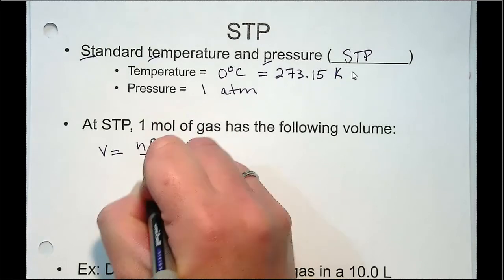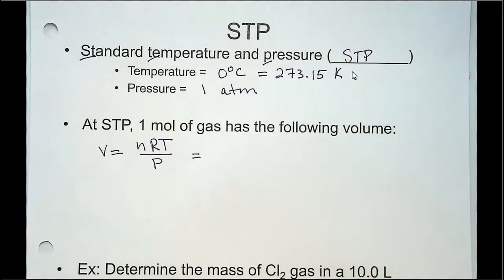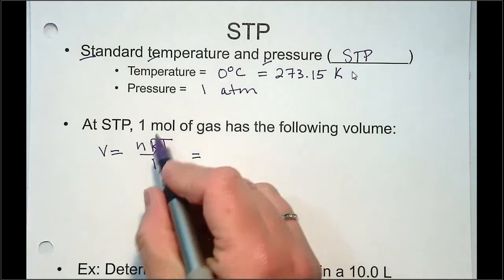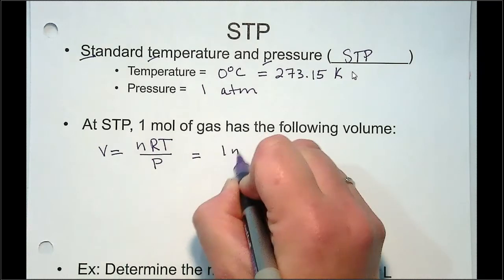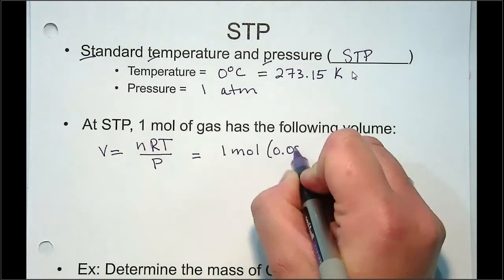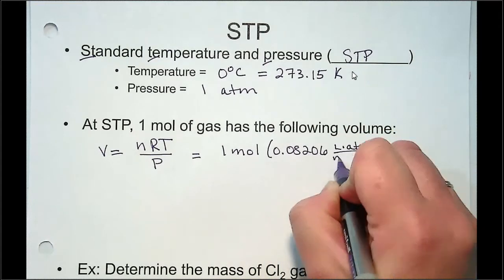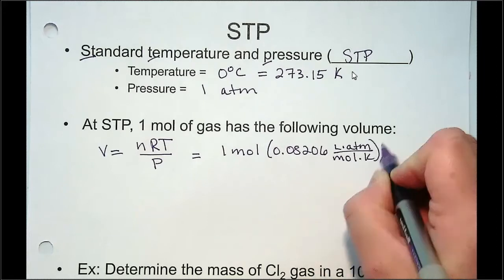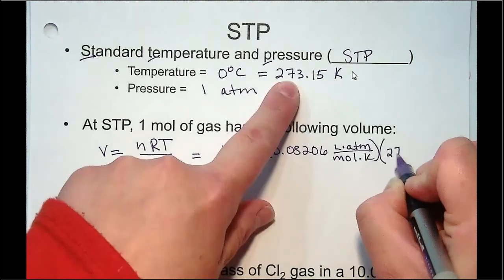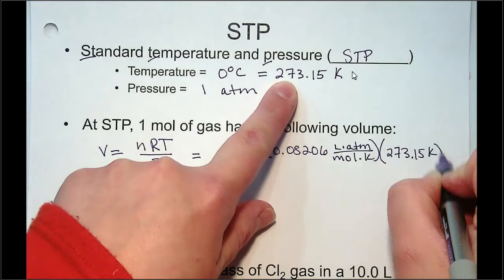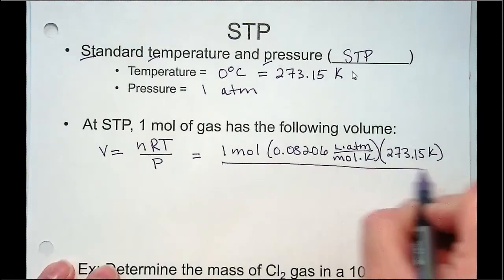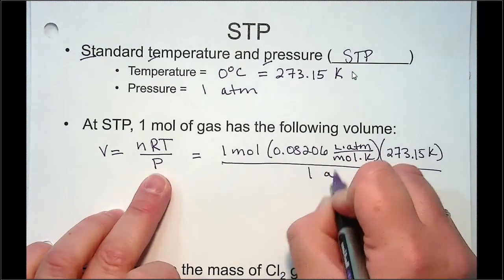So let's figure out what the volume is at these conditions. The number of moles is 1 mole, R is 0.08206 liters times atmospheres over mole Kelvin. The temperature is 273.15 Kelvin. Notice we're using the Kelvin temperature, and we're dividing by the pressure, so 1 atmosphere.